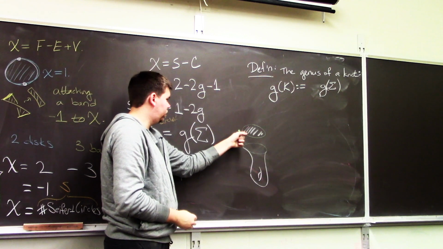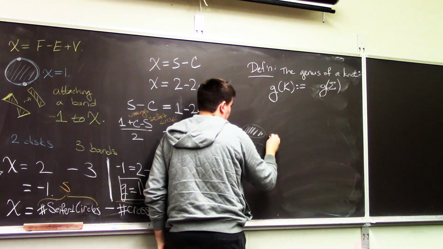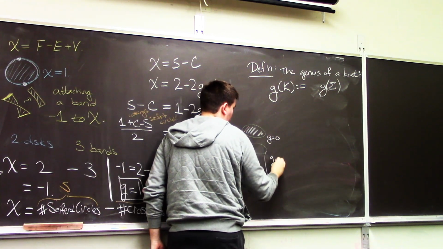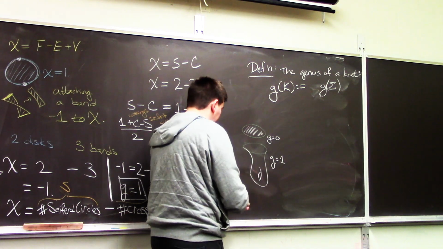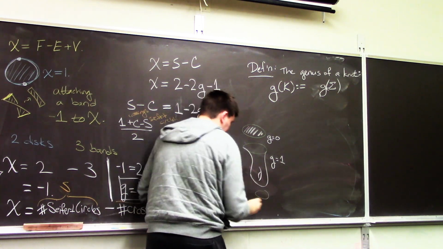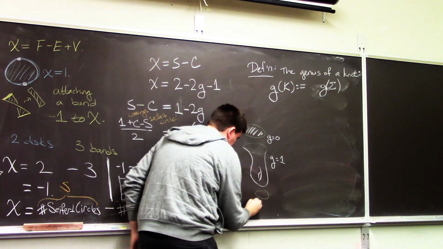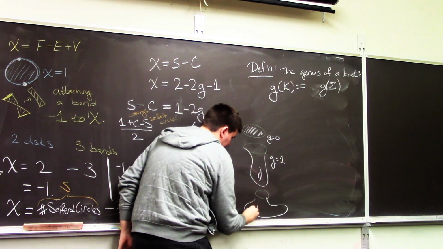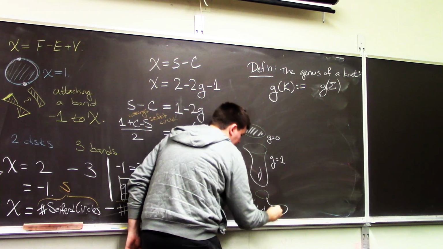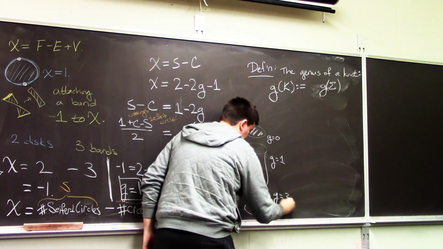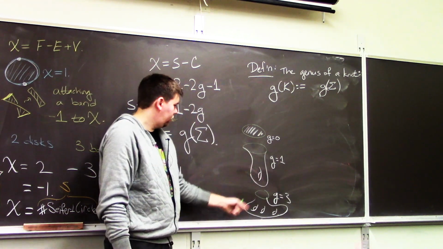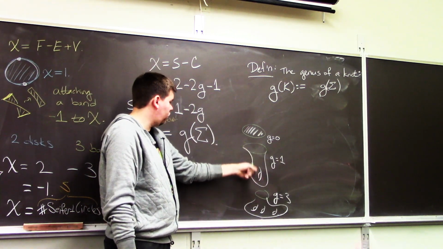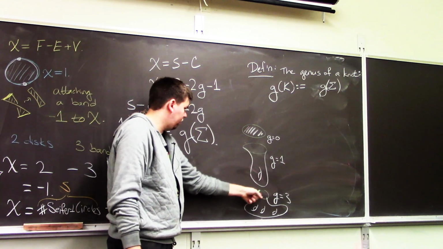This one has genus 1, this one genus 0. And more than that, you could make an unknot that bounds, heaven forbid, a bunch of genus in there, like genus 3. This is like a torus, a donut with a bite out of it, and this is like a 3-hole donut with a bite out of it.